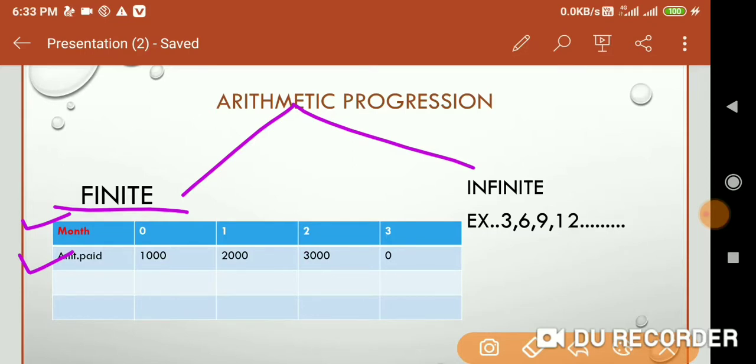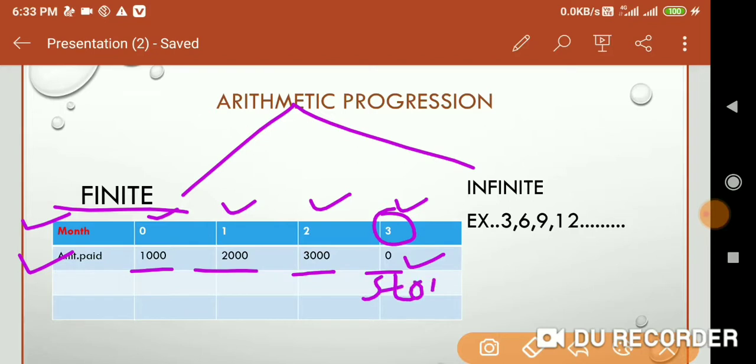The months are 0, 1, 2 and 3, and below it the amount written is 1000, 2000, 3000 and 0. Here 0 is written because in the third month the amount paid stops here.